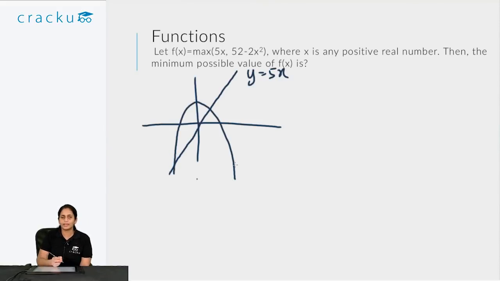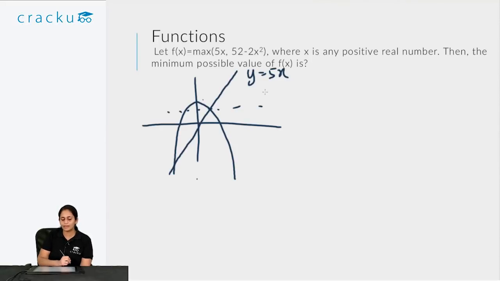So what would be the case? In such cases, for all values below a certain value, the quadratic equation will be the higher value, and hence it would be chosen by the max function. For all other values, the line would be the higher value, and the max function will then choose it.